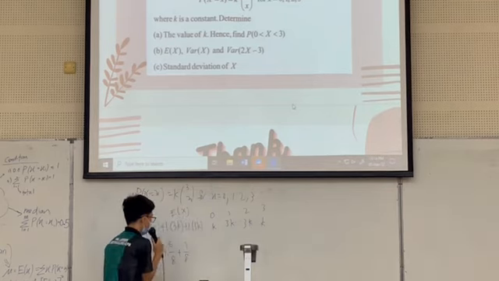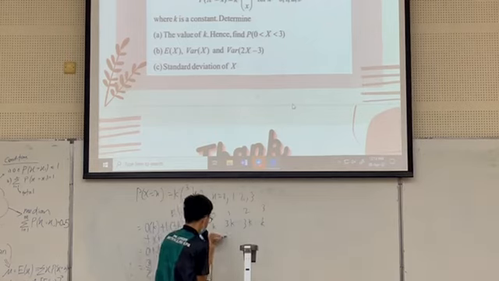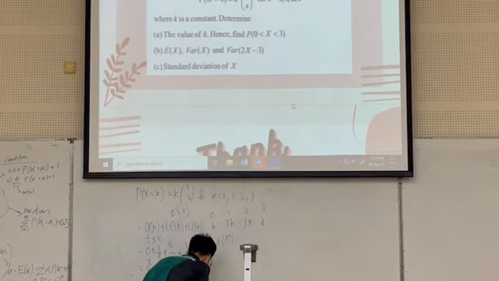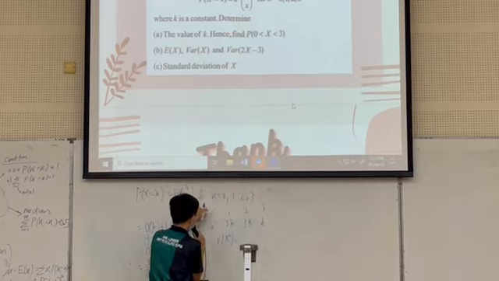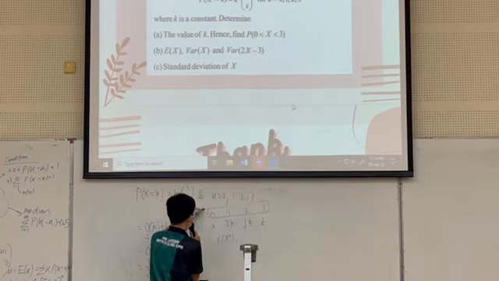And the EX, because we want to find the variance, so we want to find the EX squared. The EX squared, just simply like this X value, you just simply square.